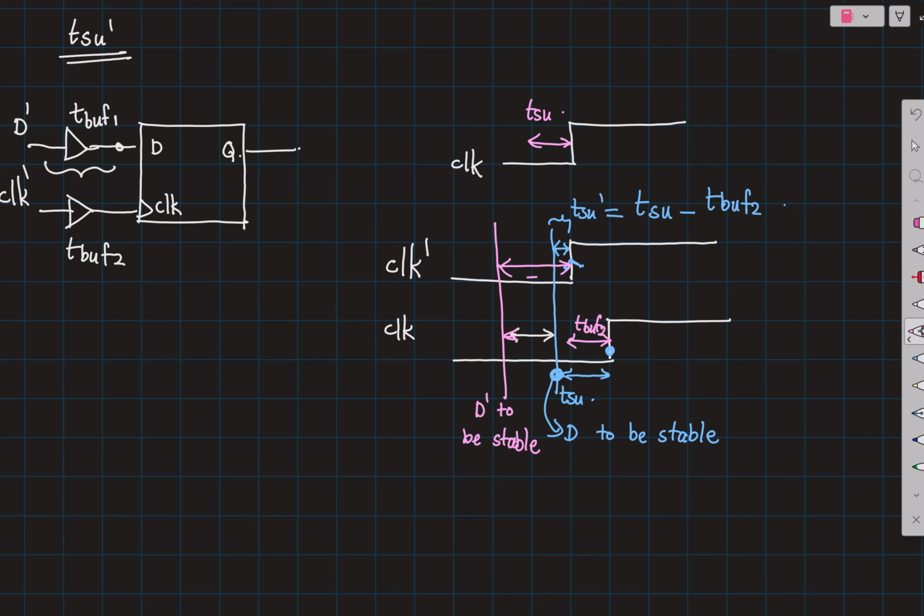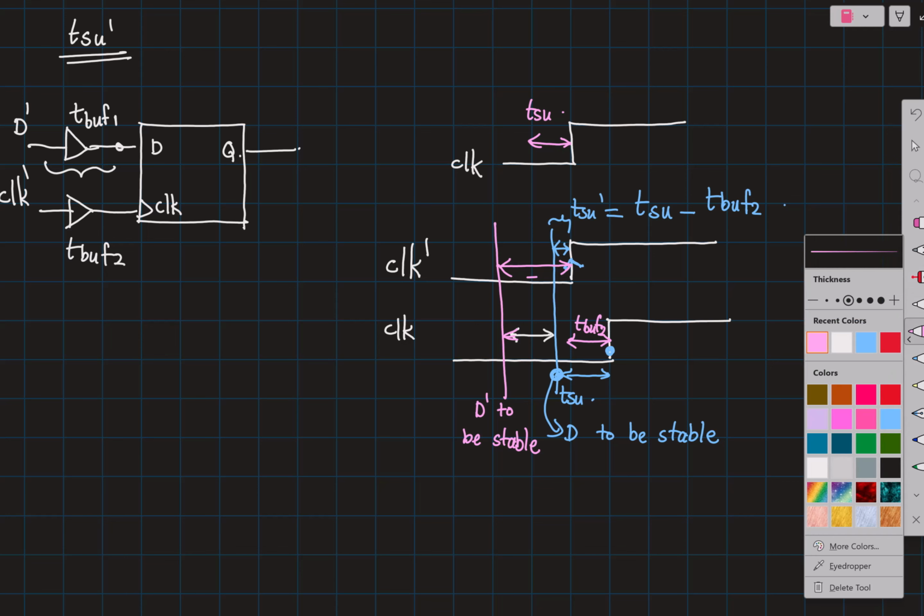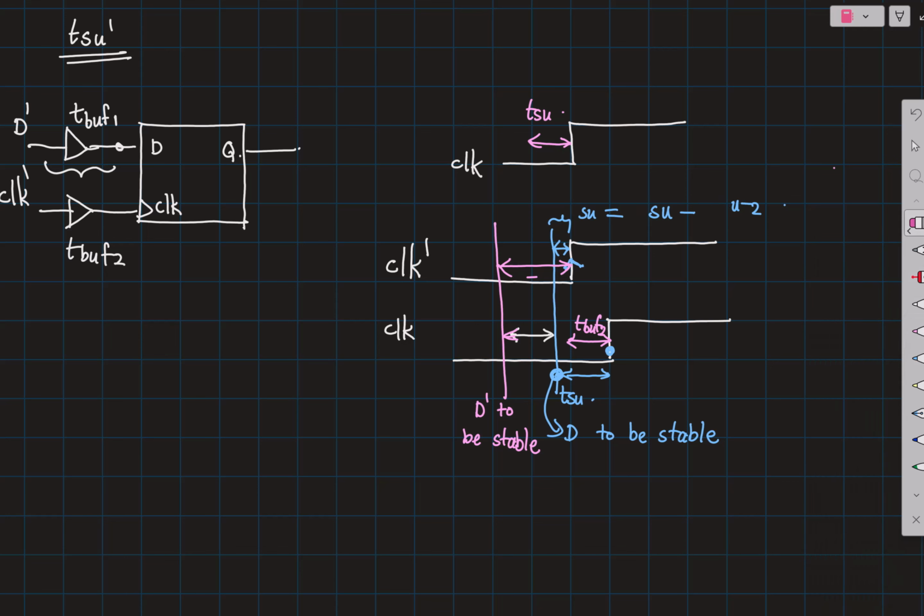And this value would be whatever was the value we calculated earlier, so that is T setup minus T buff 2. What else? Plus T buff 1.